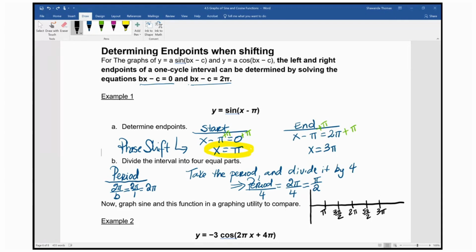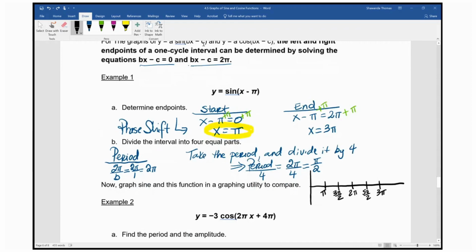What we know about sine, and we have to be careful, we're not going to start at 0 anymore because our graph has shifted pi units to the right, as y'all can see. This is horizontal shifting. We're starting at pi now.